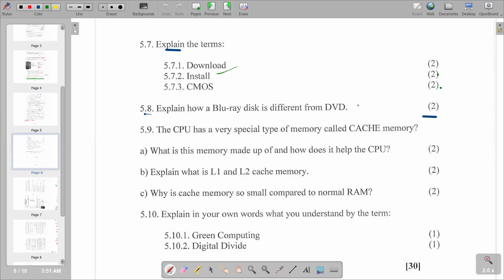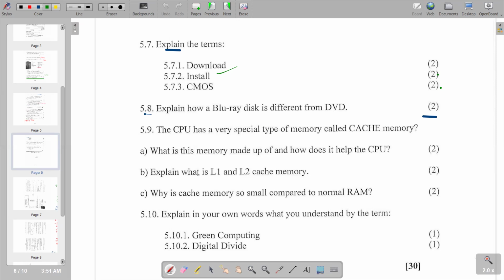So we go to 5.10, which says explain in your own words what you understand by the term green computing, and then digital divide. So you're going to see that green computing is when computers are designed in such a way that they do not have a negative impact on the environment. So that's green computing. Then we look at digital divide.